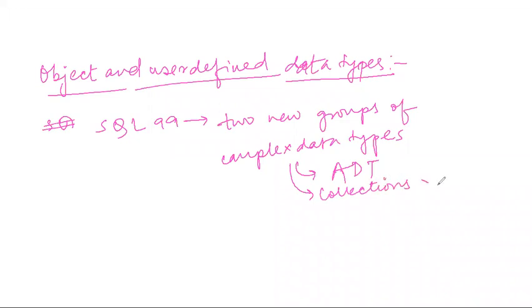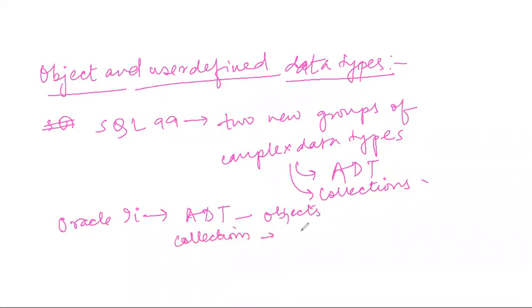So two new groups of complex data types were incorporated, ADT and collection. And Oracle 9i supports ADT in the form of object types. So ADT is in the form of objects, and these collections are in the form of tables, or rather nested tables.